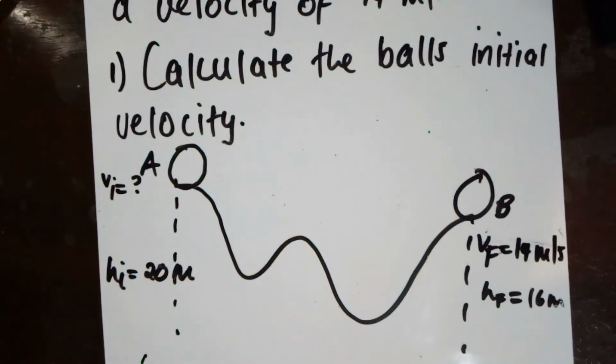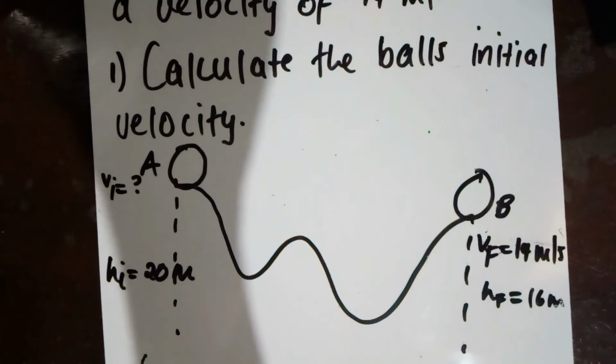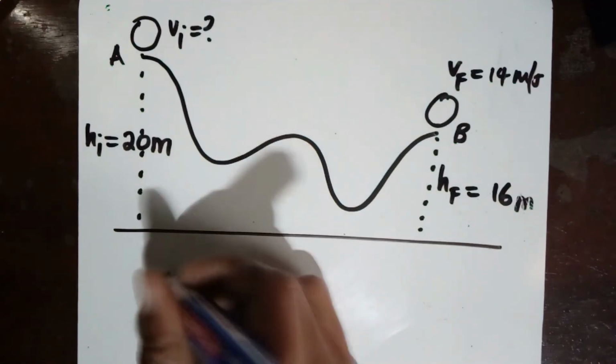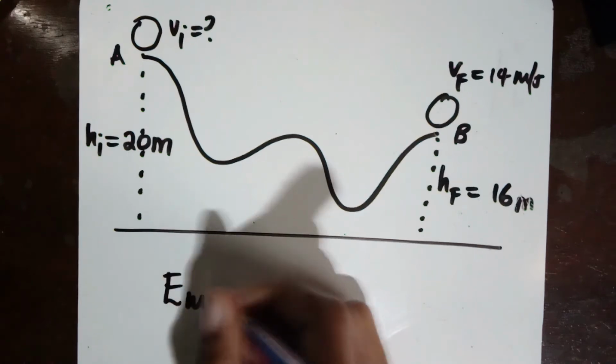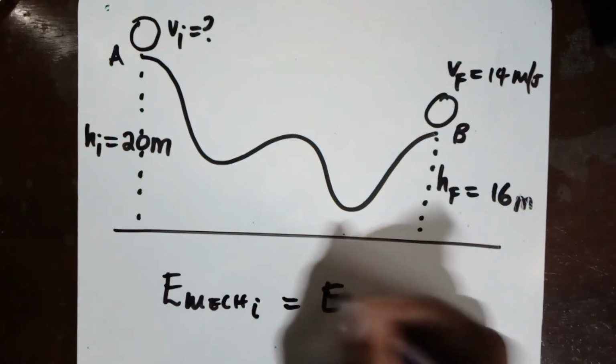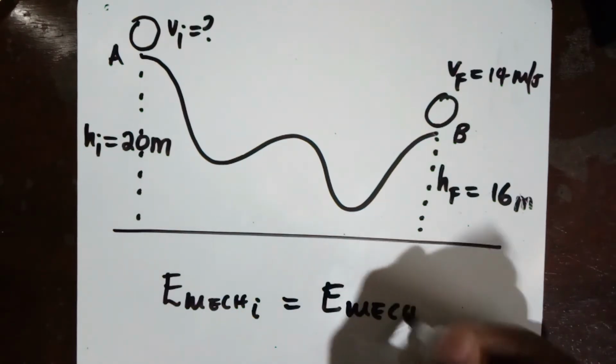Okay, so now we have everything that we need. We've described the situation, and we're going to use that formula, that principle of conservation of mechanical energy, to answer this question. Remember now we said that mechanical energy at the initial position will be equal to mechanical energy at the final position.